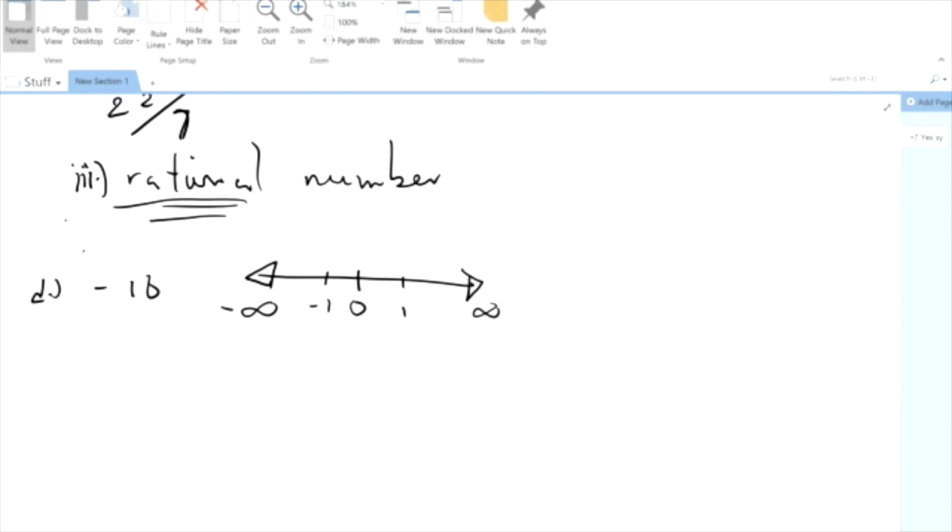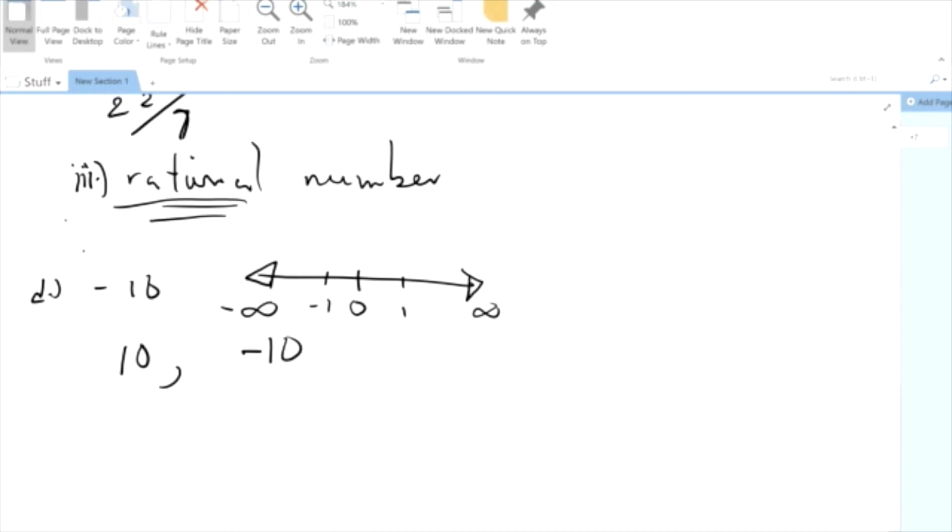When we do this, we are actually talking about integers, because integers are simply the set of all the natural numbers and their additive inverses, which is for every 10, there exists a -10.